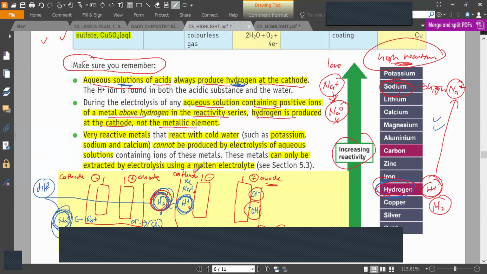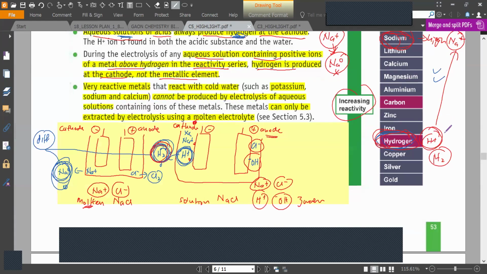If we compare hydrogen and sodium, hydrogen will react because hydrogen is less reactive. How about if we have copper, silver, gold? Then those will react. So that's what we're talking about here. Which one will react? Let's say we have copper here.